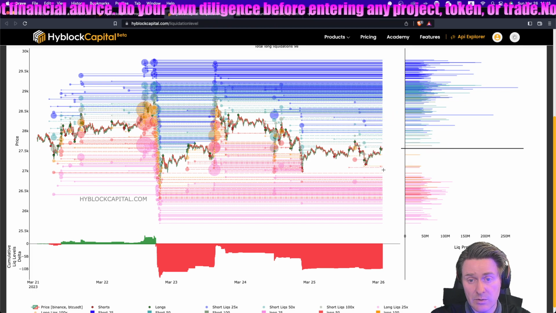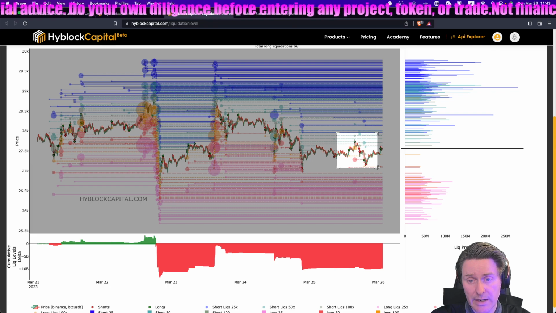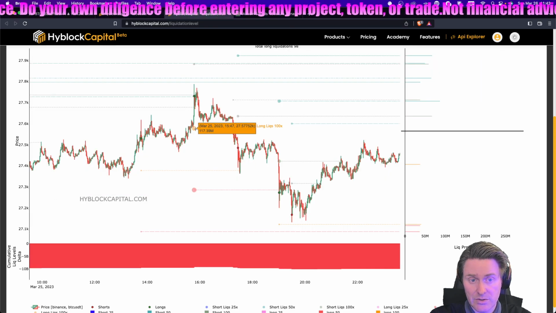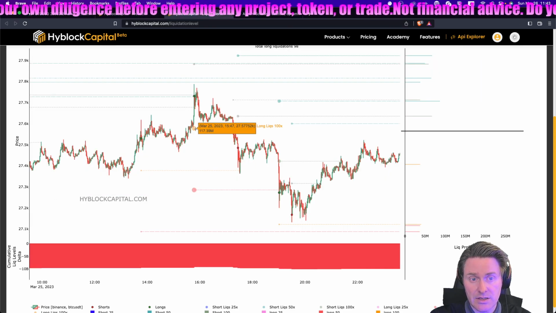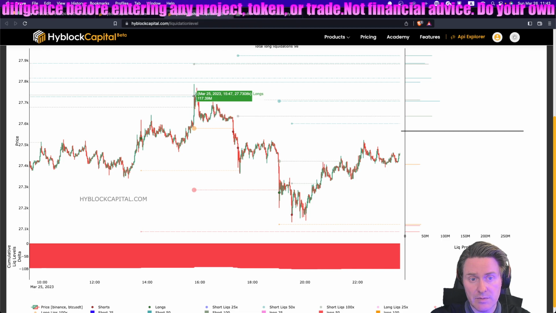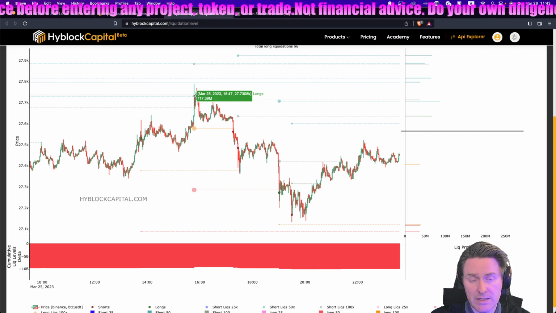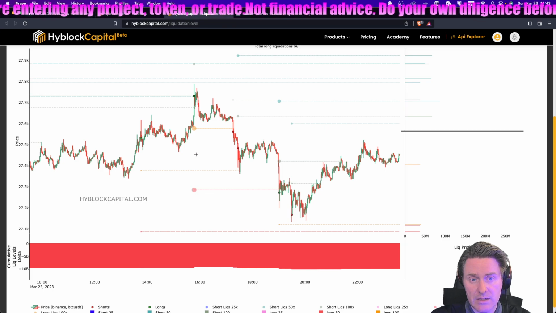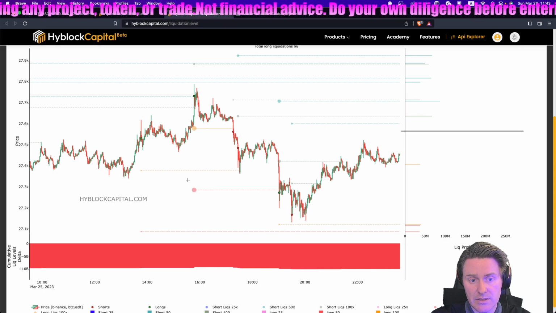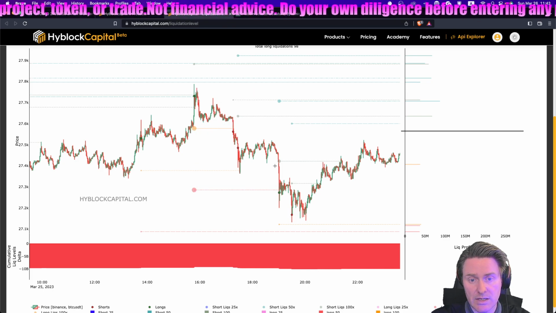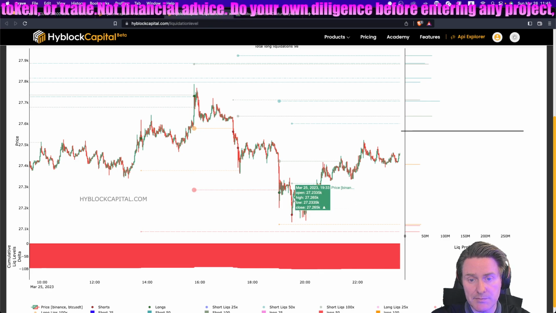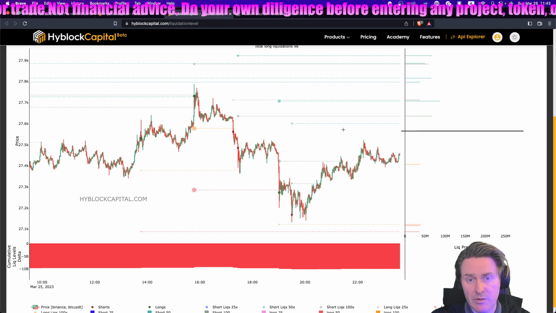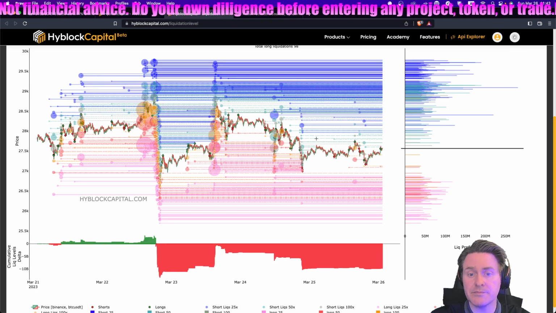Some long liquidity entered off of the breakout. This is why breakout trading is not a good strategy. As you see here, they broke out. Somebody went long at this point at 27.7. They created an imbalance here of $117 million in long liquidity, and price came back and gobbled that up, and then went back on its merry way to the upside.